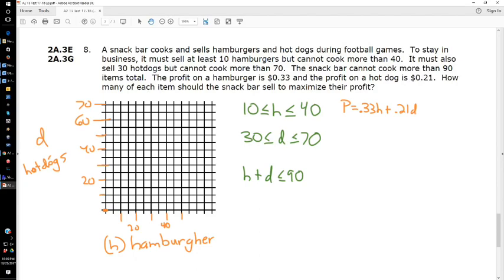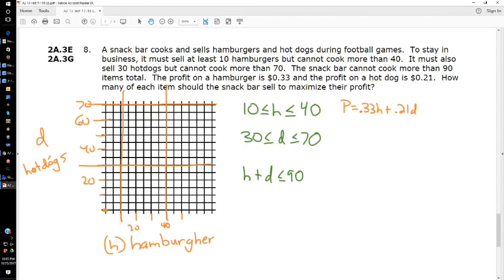The hamburgers are somewhere between 10 and 40. Hot dogs are between 30 and 70. The other constraint is you can't have more than 90.